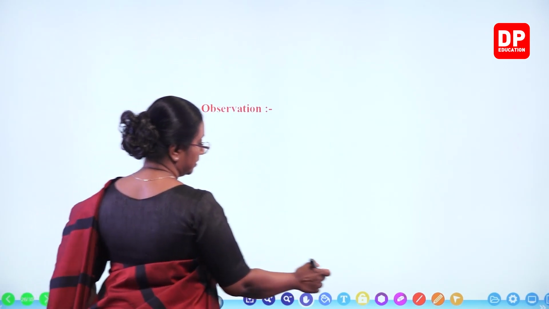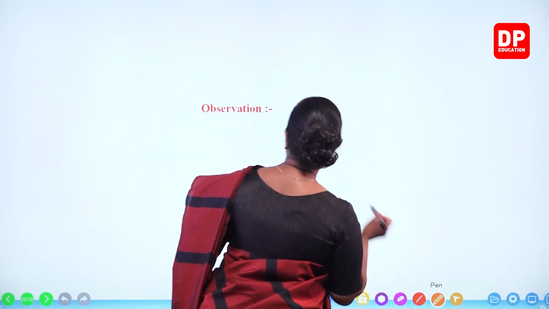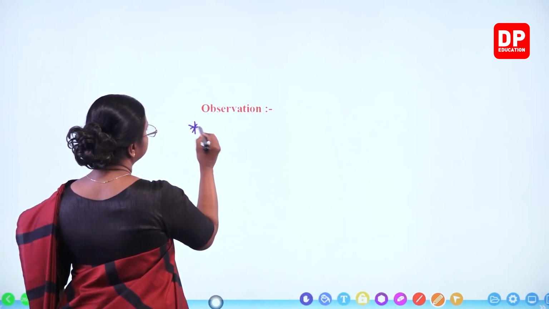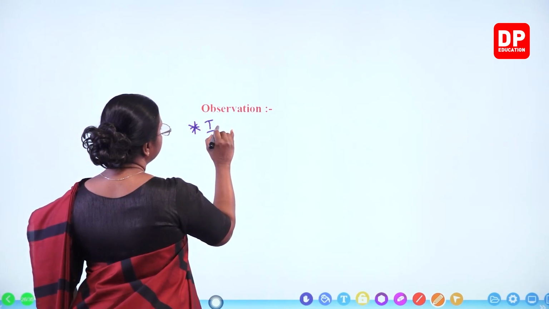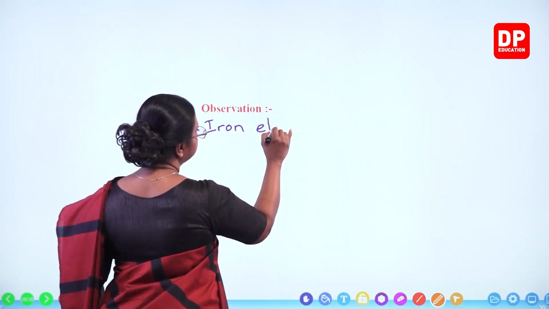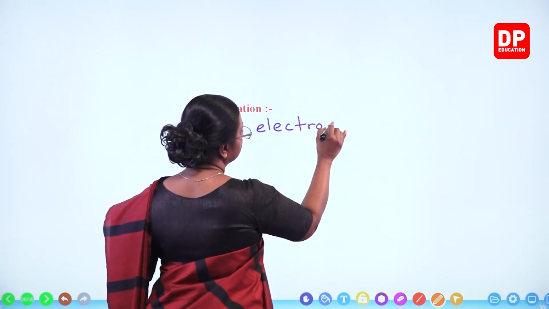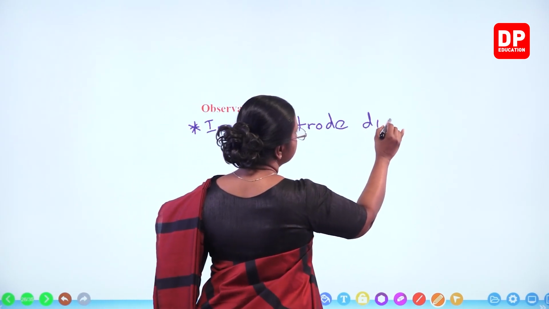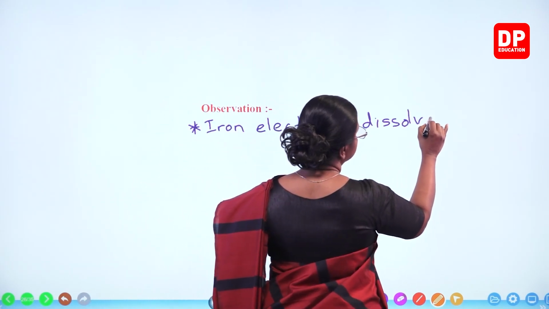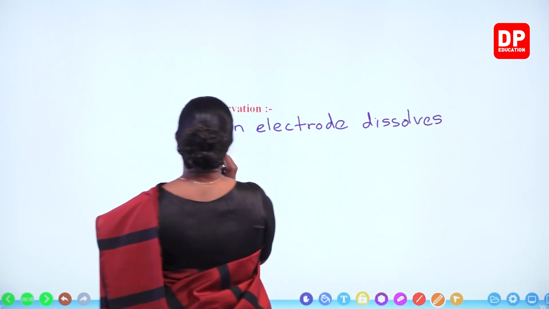So here, if I write the observations: iron electrode dissolves gradually.